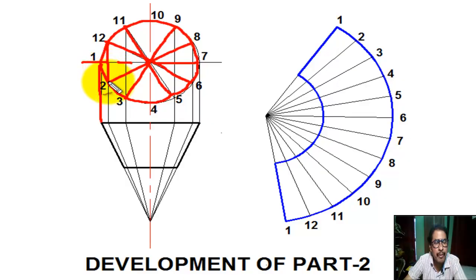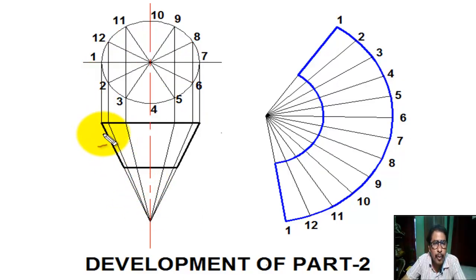Draw vertical projection line from 12 and 2, from 11 to 3, 11 and 3 up to the base, from 10 to 4, from 9 point and 5 point, from 8 point and 6 point, from 7 point.